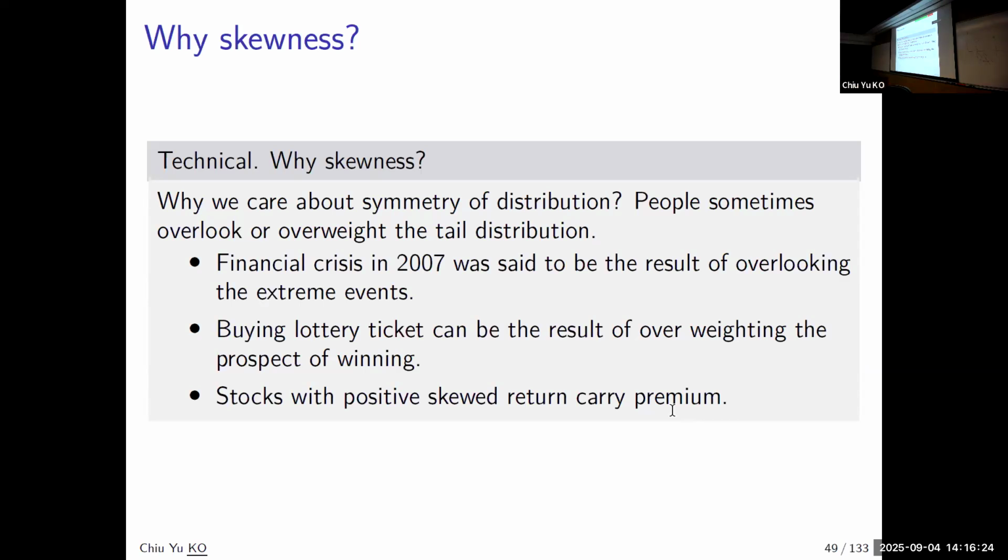And classical finance theory would tell you the risk-return trade-off, right? If in the market you want more return, you have to take more risk. And that's it, no more, right? That's the end of the story, right? But these days, people discover that mean and variance are not sufficient. You need skewness. Actually, skewness is part of the pricing equation, okay?